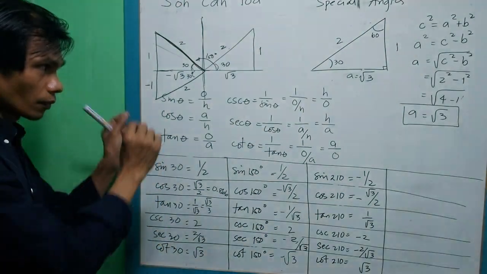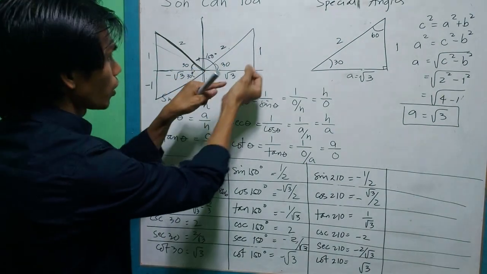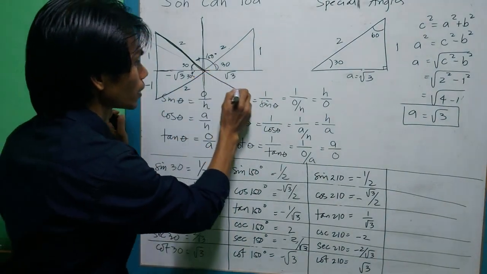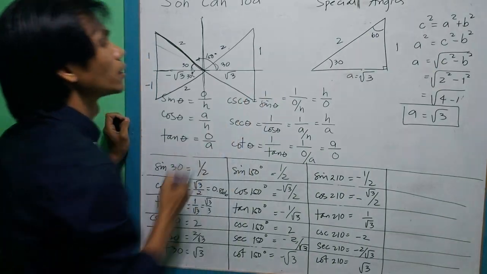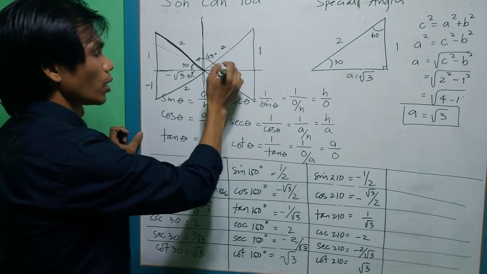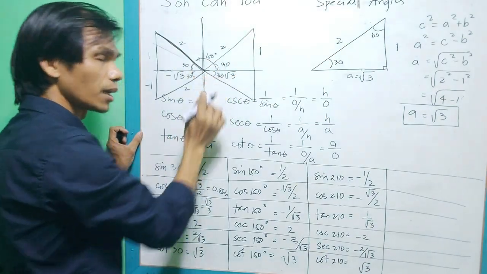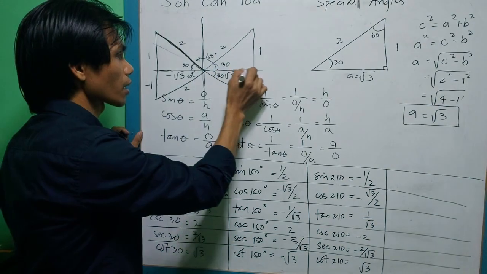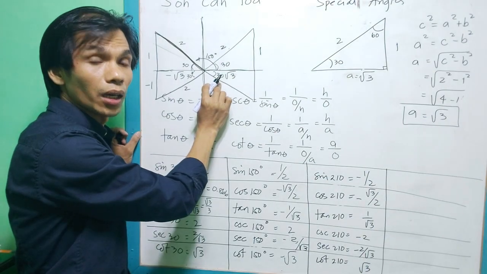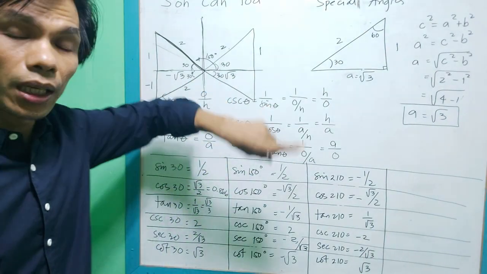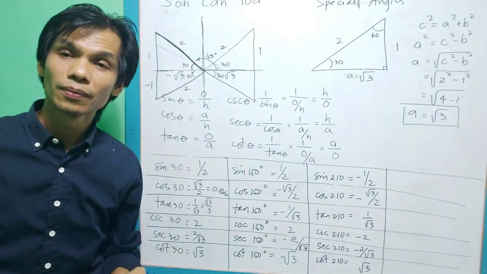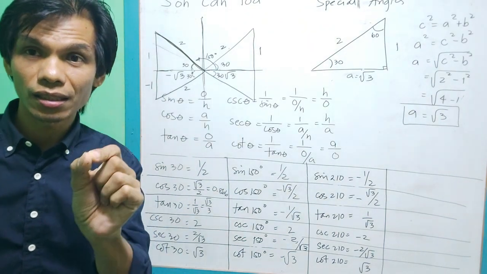Now, tingnan nyo to kung eto or eto, ilalagay natin sa baba, imi-mirror natin, so magiging ganyan. Yan. Okay? Kung magiging ganyan, at 30 degrees to, kung magsisimula tayo dito ng bilang ng angle, dito sa positive x-axis, and then counterclockwise, anong degrees to? Ilang degrees ba yung isang buo sa circle? 360 degrees, di ba?